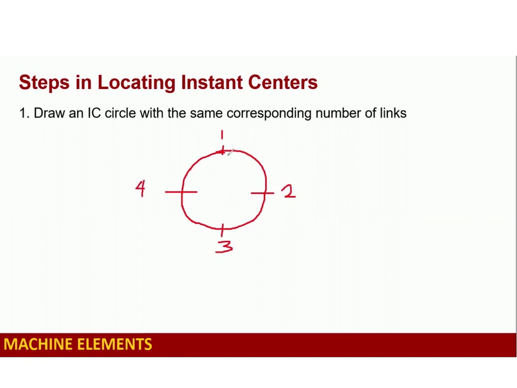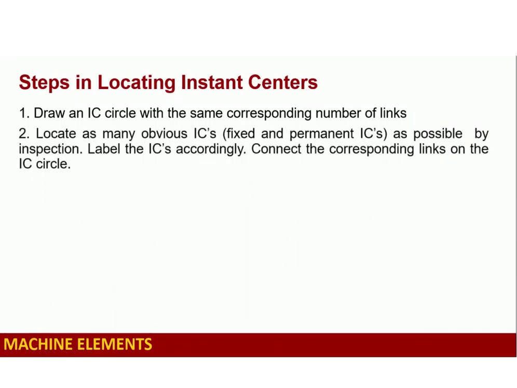Take note that the numbering doesn't necessarily have to be of equal spacing, as long as they are in order and located on your circle. So this is your IC circle. The next one is to locate as many obvious instant centers, whether fixed or permanent, as possible by inspection. Label the ICs accordingly. Connect the corresponding links on the IC circle.